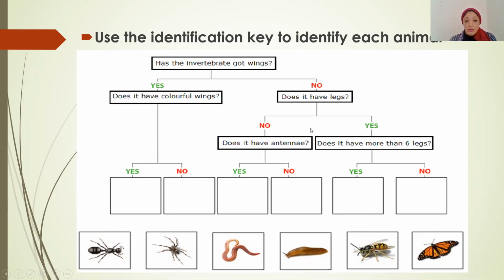It is very important to understand how we can use the identification key to classify the animals and identify them.